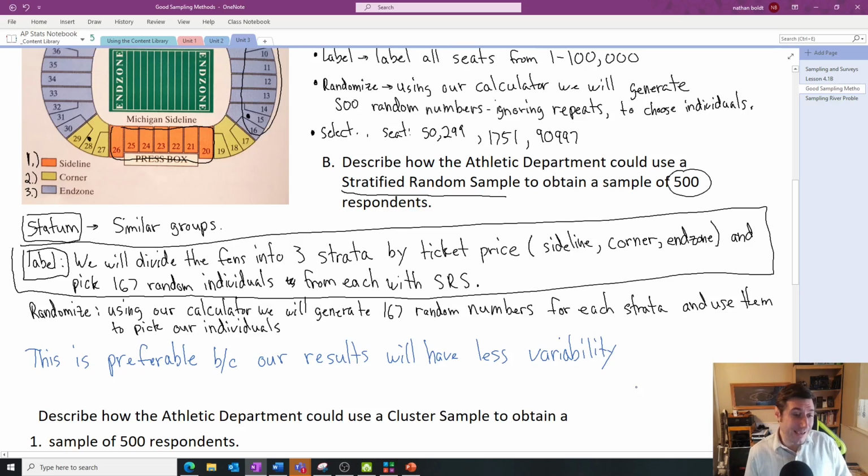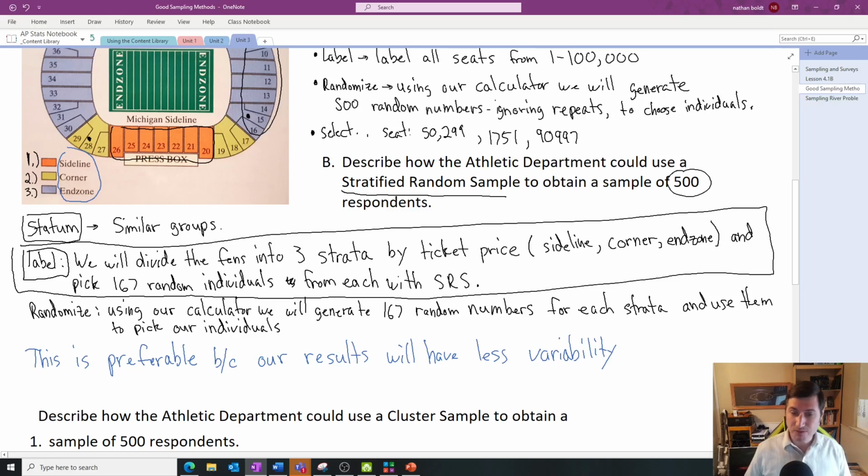And that's the case because if we think ticket price is going to influence people's opinion about the concessions, well, we want to make sure we get an even amount of opinions from each of those types of people. Hopefully that kind of makes sense. If we think the high rollers and the low ballers are going to have different opinions, we want to sample them equally.